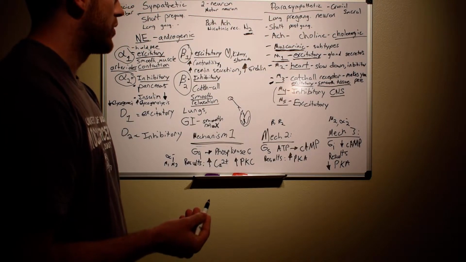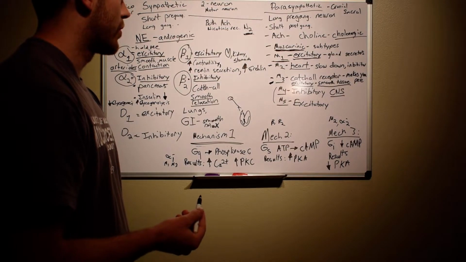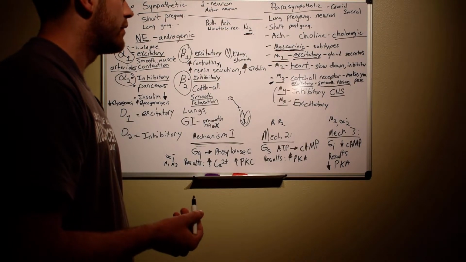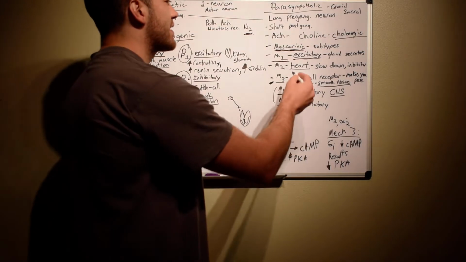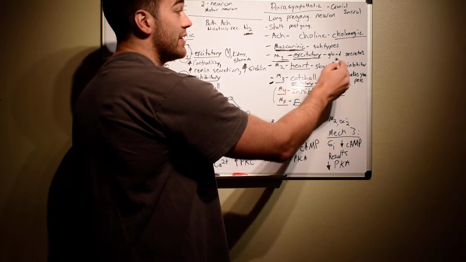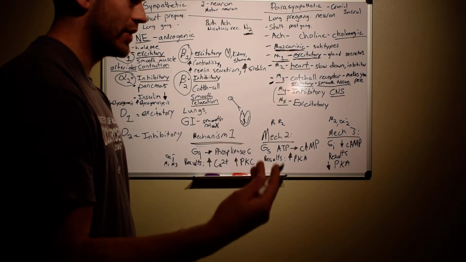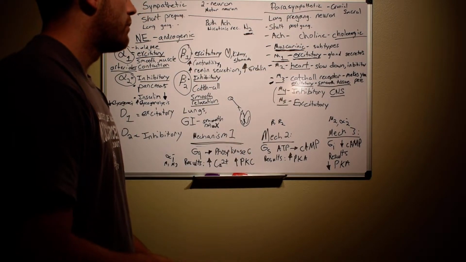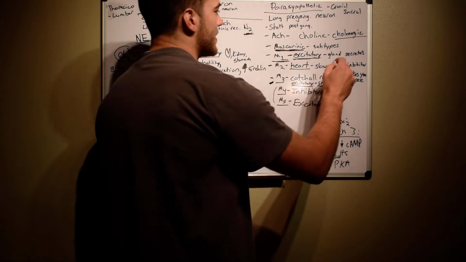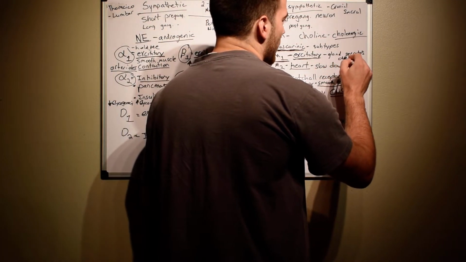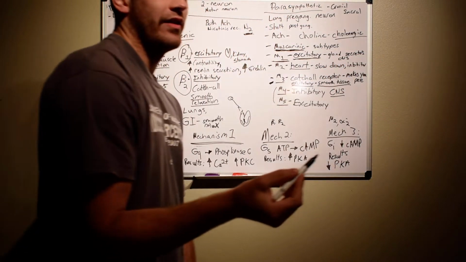The way I remember this, what seems to work best for me, is that it's excitatory, so it's stimulating something to do something. In this case, it's stimulating a gland to release something. But it's also in the CNS, and I always think, what's the most important thing in your body?